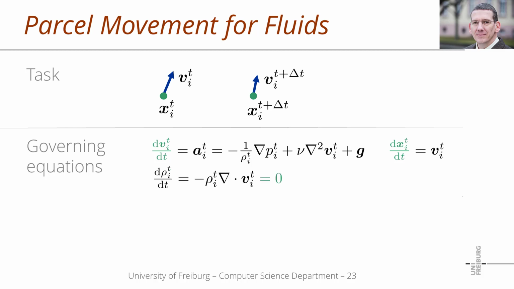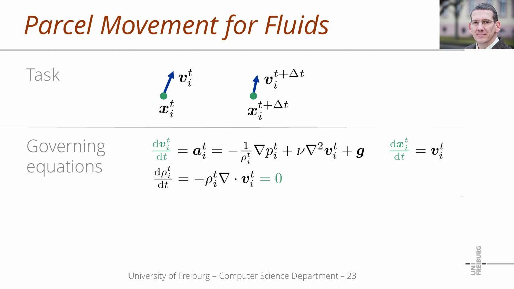In addition to these two governing equations for the velocity and the position, we also consider a constraint for the velocity. This constraint states that the divergence of the velocity field should always be zero. The divergence of the velocity corresponds to the time rate of change of the density, so if the divergence of the velocity field is zero, then this corresponds to the fact that the density of the fluid does not change, which means that we end up with an incompressible fluid.